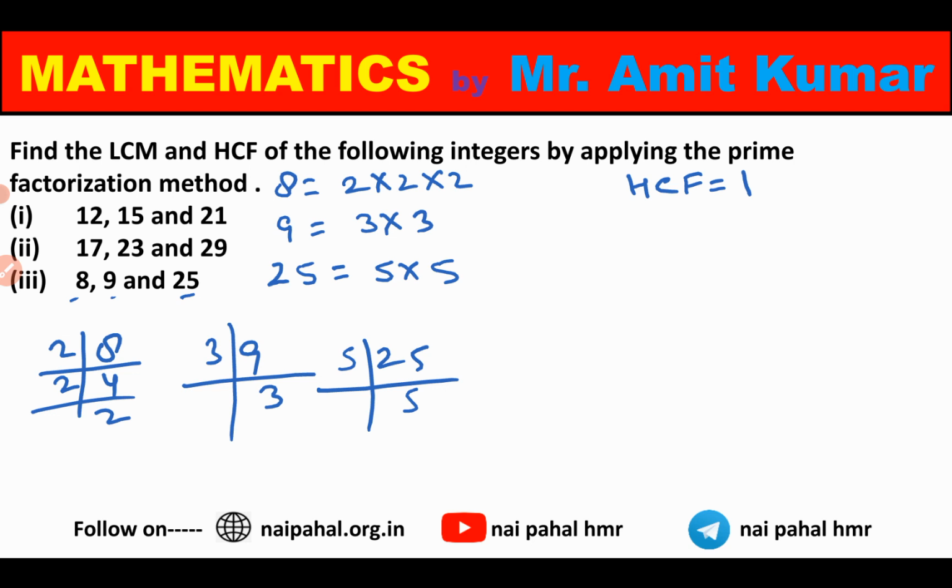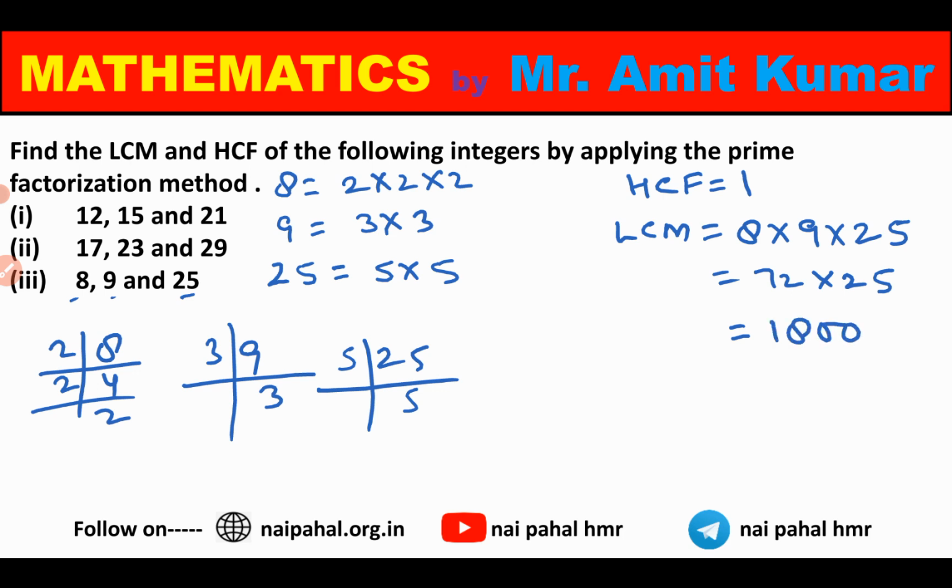And in the next case, LCM. LCM is equal to 8 multiplied by 9 multiplied by 25, as there is nothing in common. 8 9s are 72, multiplied by 25 is equal to 1800.